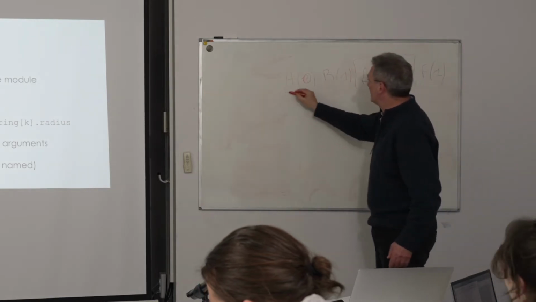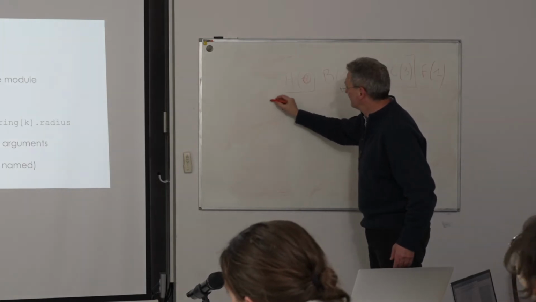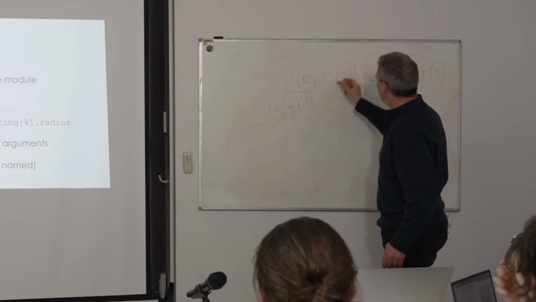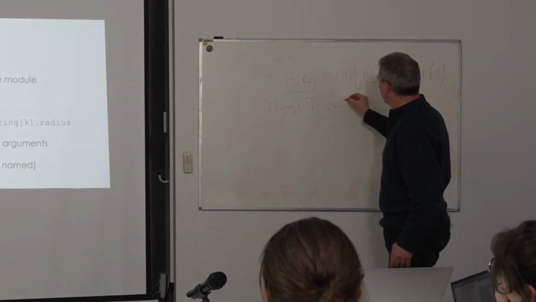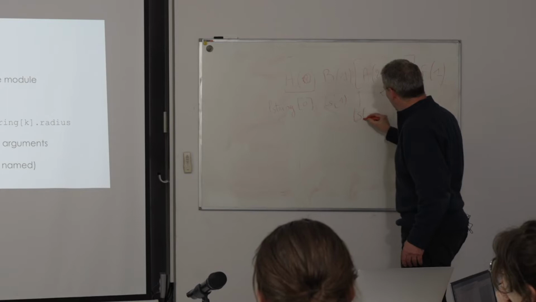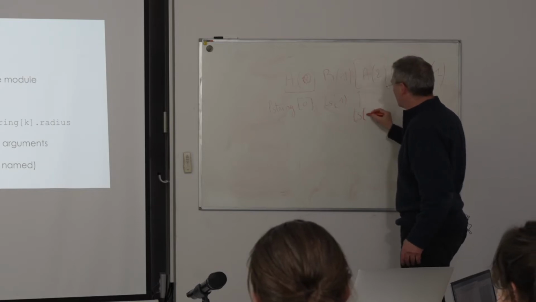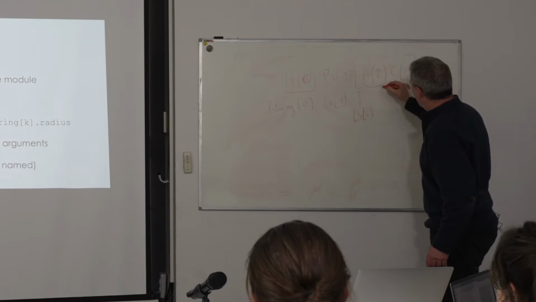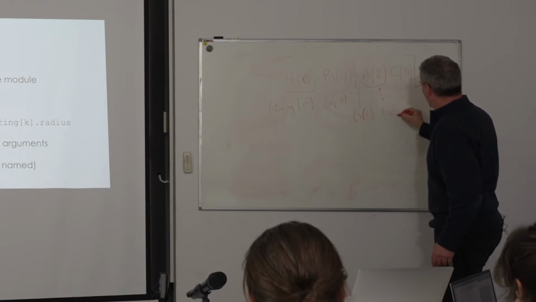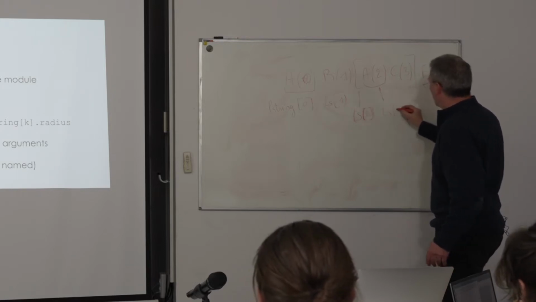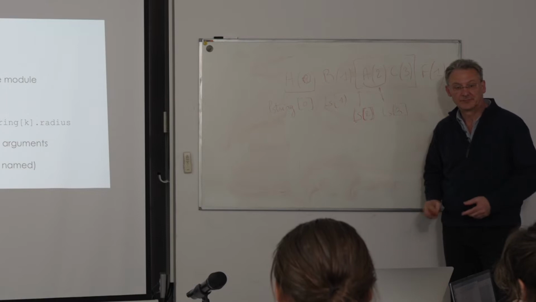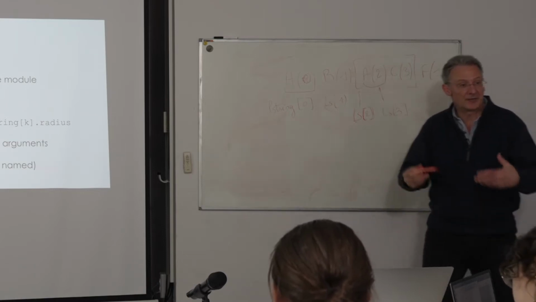So this would be lstring of 0. This would be lstring of 1. This would be lstring of 2, this one lstring of 3, this one would be lstring of the square bracket here, of 3, and so on. So you see that this bracket counts as a module because it is interpreted by the turtle as an entity.